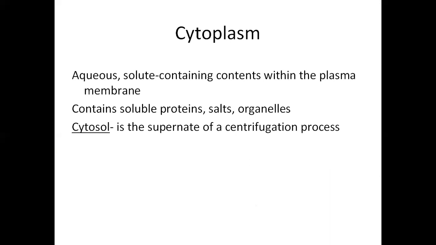Bathing all of these organelles is the cytoplasm. Notice that in some biology books the term cytosol is used, but these terms should not be used interchangeably. Cytoplasm is composed of cytosol and organelles.